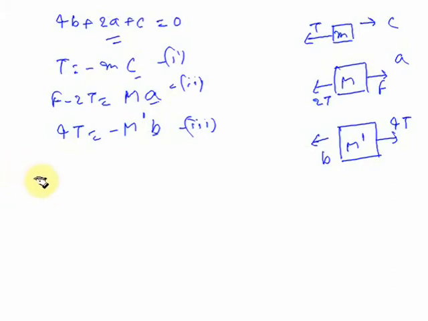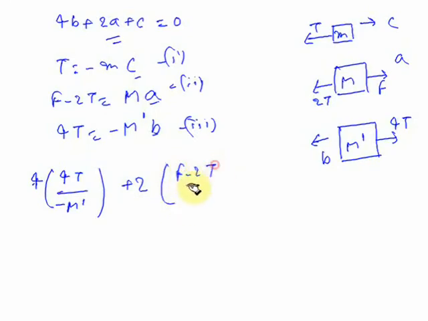So we can write 4 into b, that is 4T by minus M dash, plus 2 into a, that is F minus 2T by M, plus c, which is T by minus m, is equal to 0.